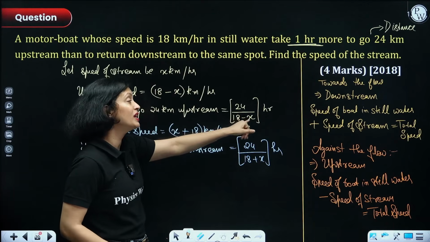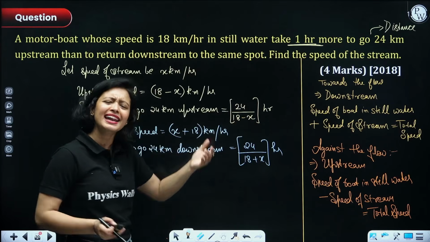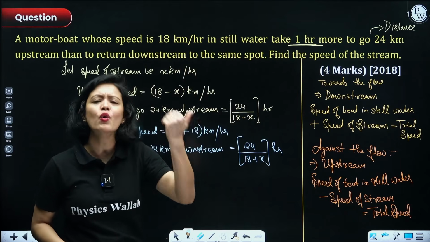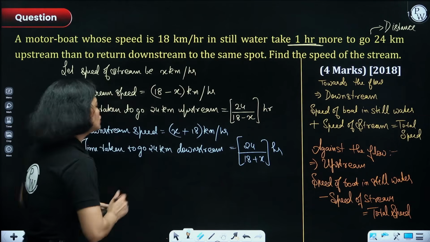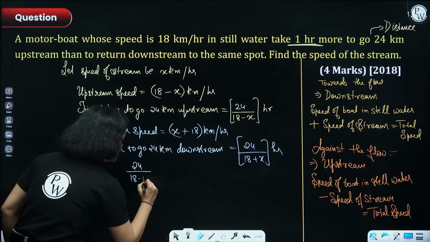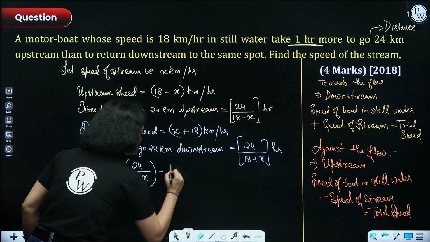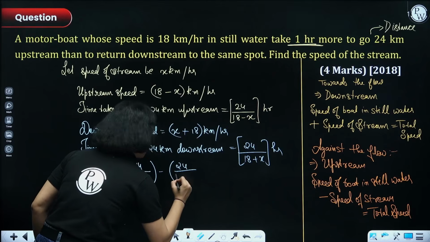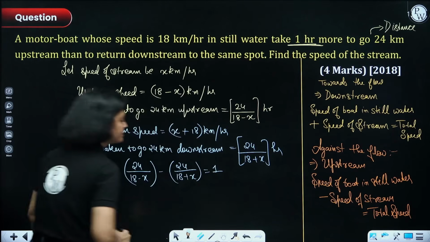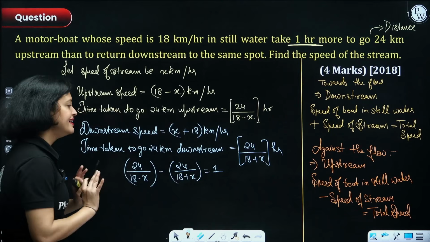So smaller denominator is this, so this one's bigger. And in fact, think about it. By upstream jaane mein, it would take lots of time. It would take more time as compared to downstream, right? So yes, upstream time is greater. So 24 over 18 minus x. From upstream time, if you subtract the downstream time, you must get 1. Simple. Now you can solve it.